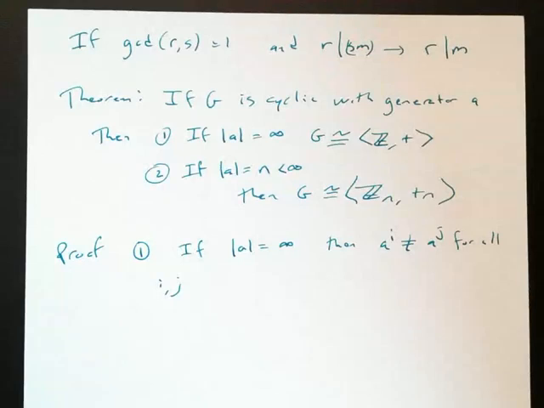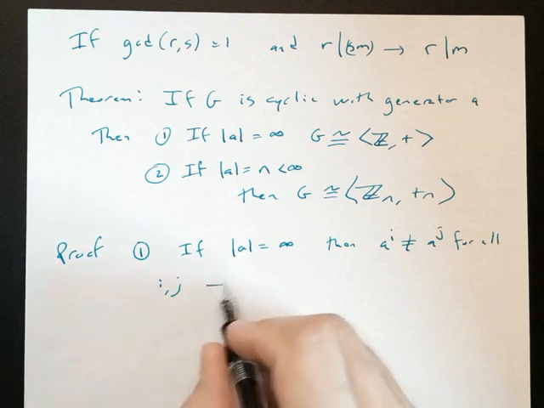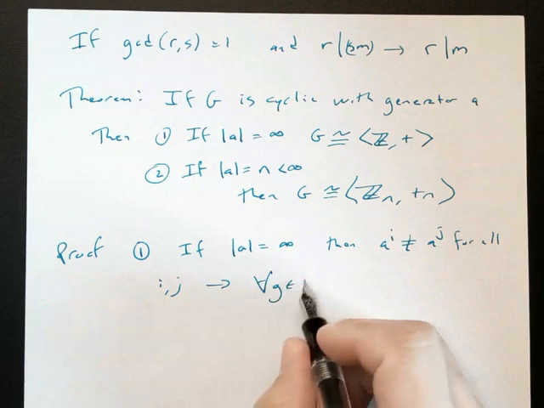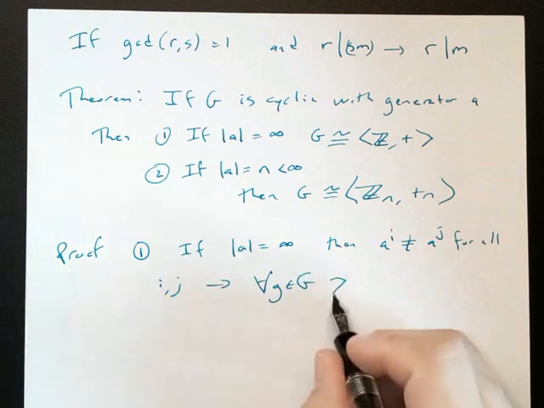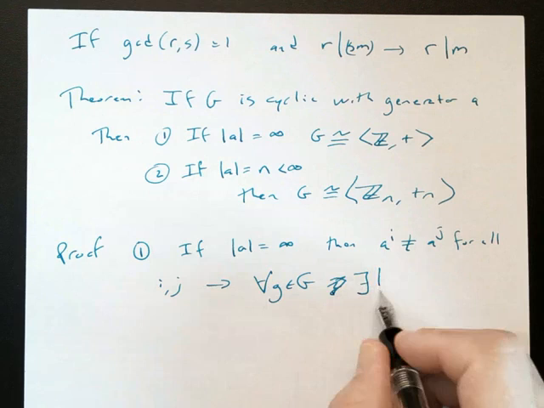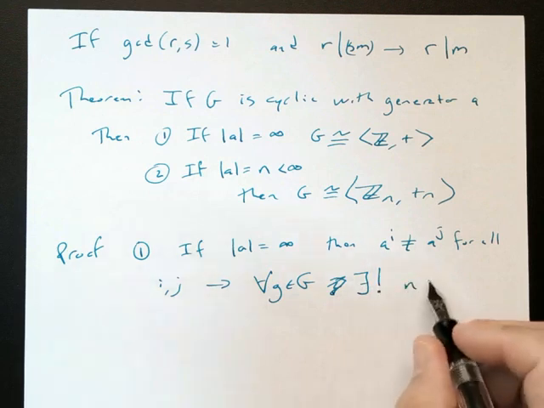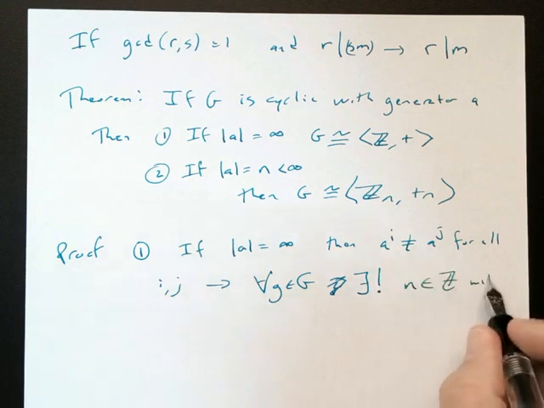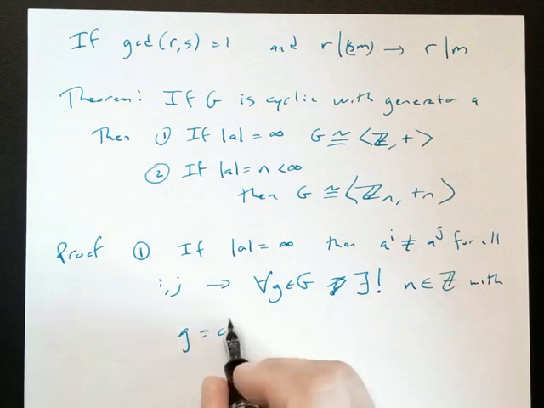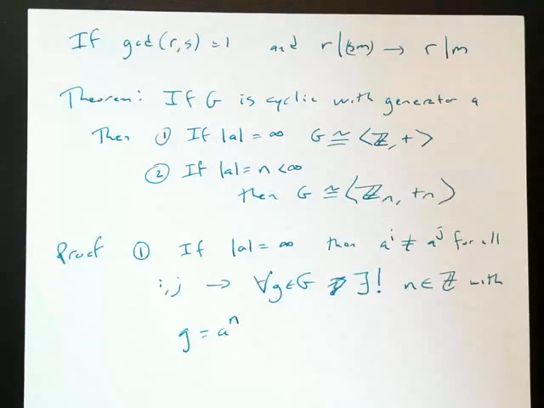I never hit the same thing twice as I generate through the group. Which means for every element of my group, there is a unique power n, so that G is A to the n.